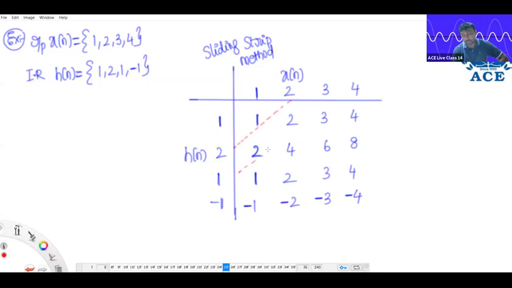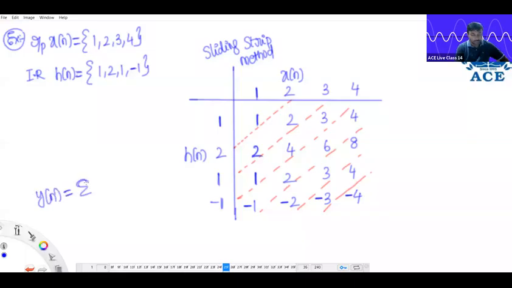After doing multiplication, try to make this sliding arrangement. Each dotted line is called a strip. Why we make this sliding arrangement: you are aware convolution also includes folding and shifting. One of the signals as is, the other signal must be folded and shifted.